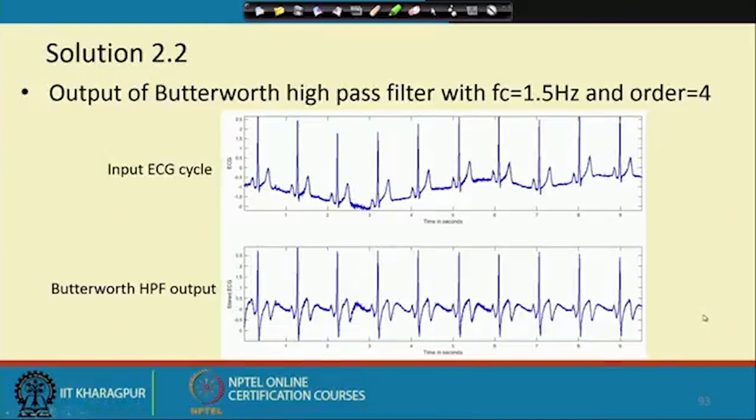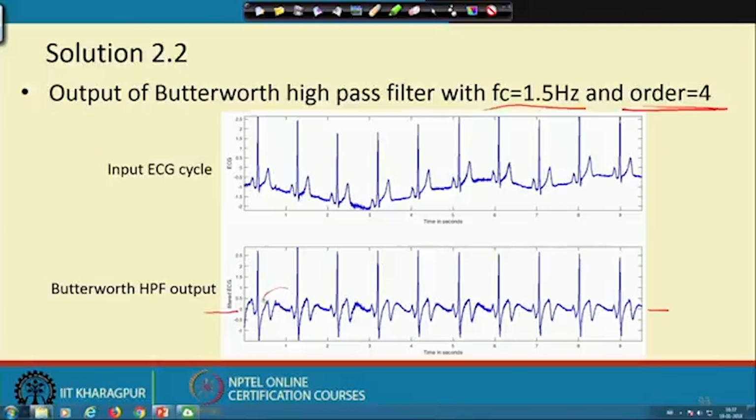So, now let us again try to increase the cutoff frequency, from 0.5 to 1.5, with the model order kept constant at 4. Again what we notice is that, though it is successful in removing the baseline and keeping it as a horizontal line passing through 0, the signal distortion has come back.